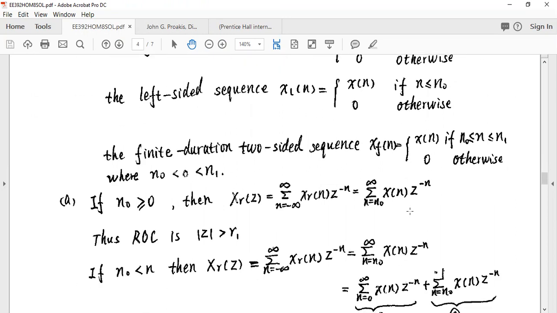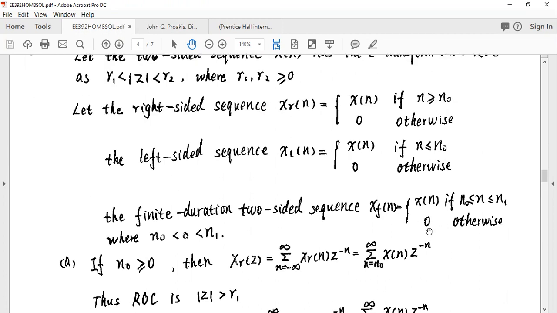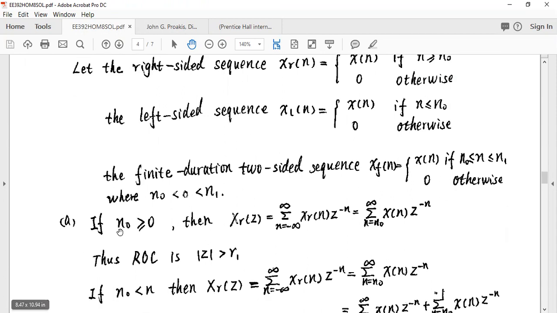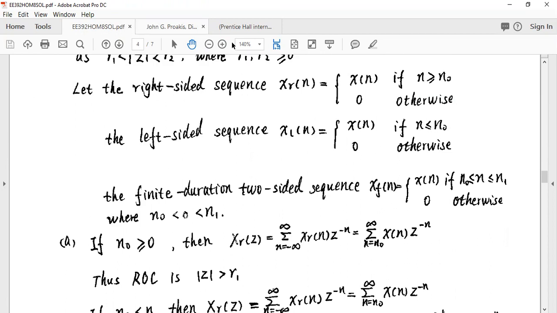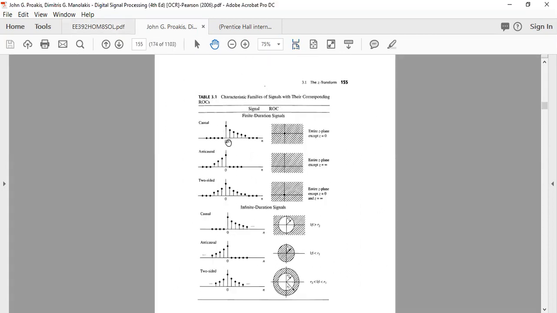Now we need to define the region of convergence of the two, and the combined region of convergence of both. So writing this down, if n naught is greater than or equal to 0, any other value. Remember, if the sequence is causal, it could start from any point as long as it falls on the positive side.